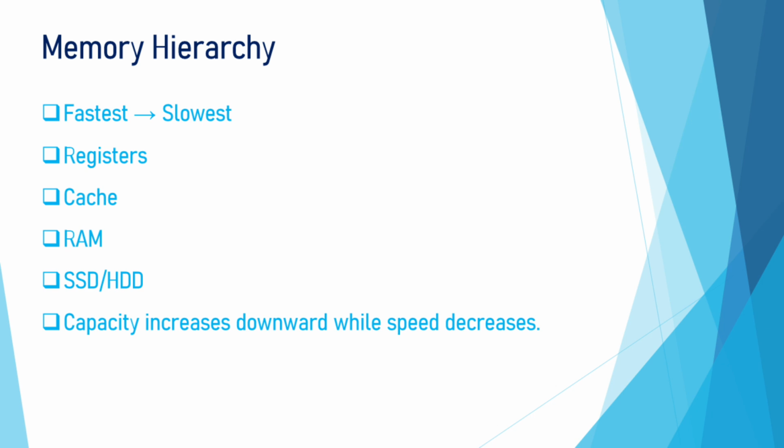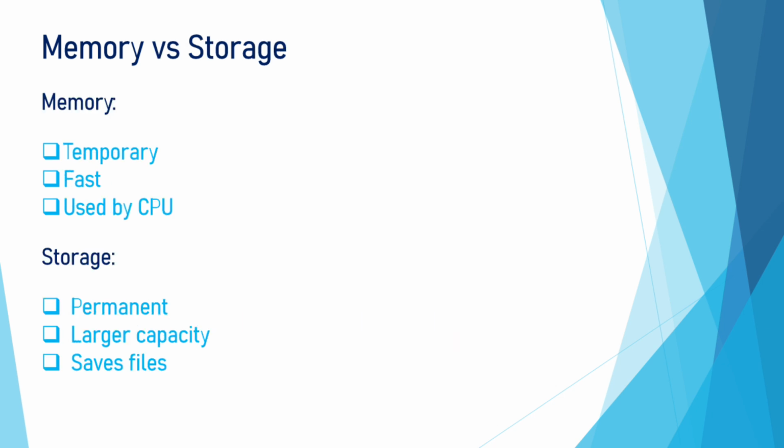So we are talking about these things other than ROM. As we move downwards, storage capacity increases but the speed decreases. So hard disks can store huge amounts of data, but they are slower when compared to registers and cache memory and all the other things.